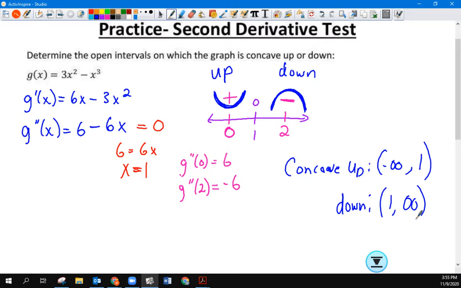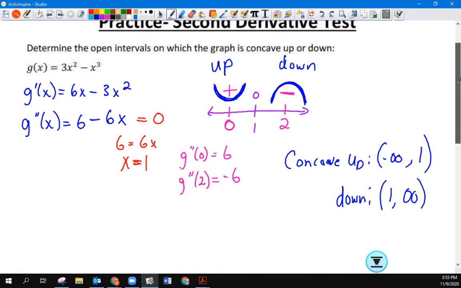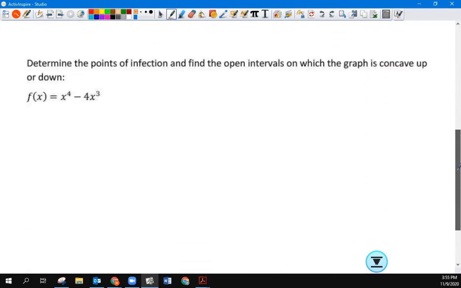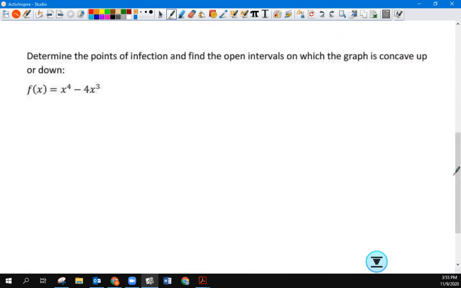Okay? So it's just like the first derivative test, except we're using the second derivative, and it just tells us different stuff about our original function. So here, determine the points of inflection and find the open intervals where the graph is concave up and down. So it's just like the last problem. This time, we have to determine if there are points of inflection.